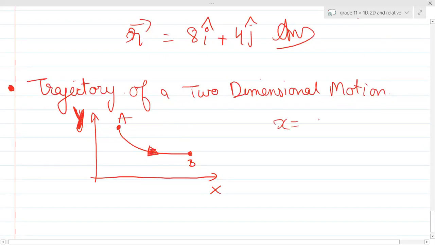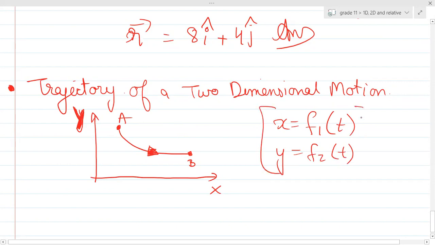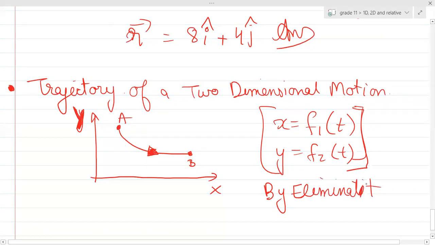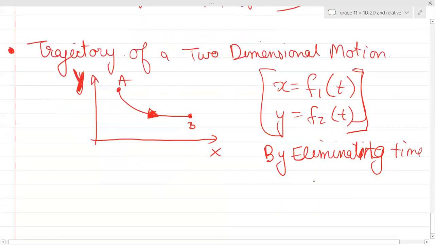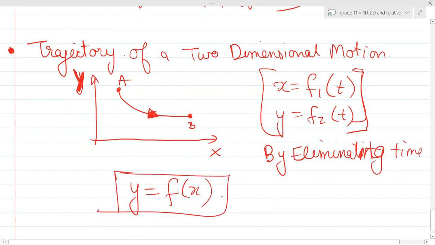Here x will be a function of time and y will be some other function of time, right? When you eliminate time from these equations, you get y as a function of x. Yes or no, guys? This thing is called the equation of trajectory. What do we mean by equation of trajectory?